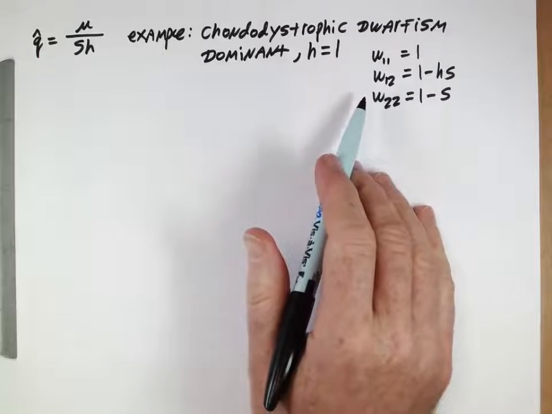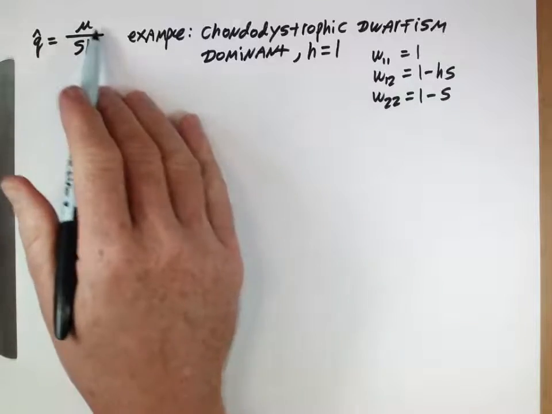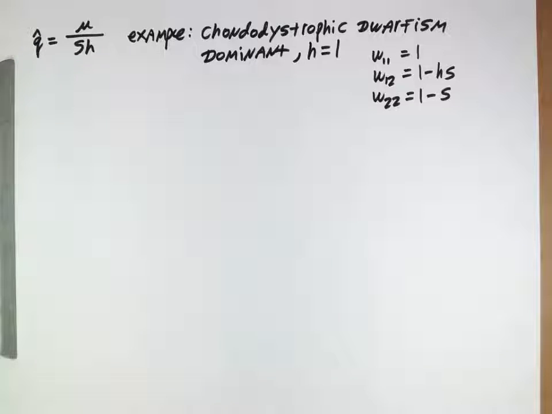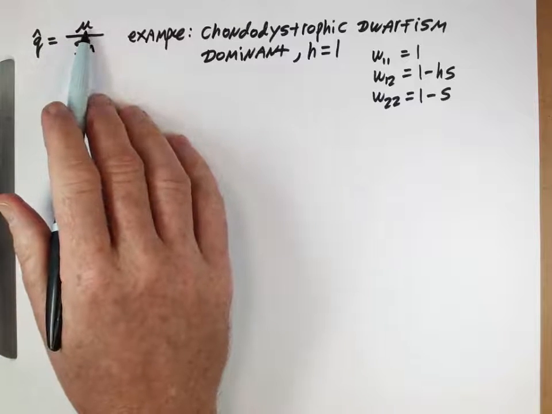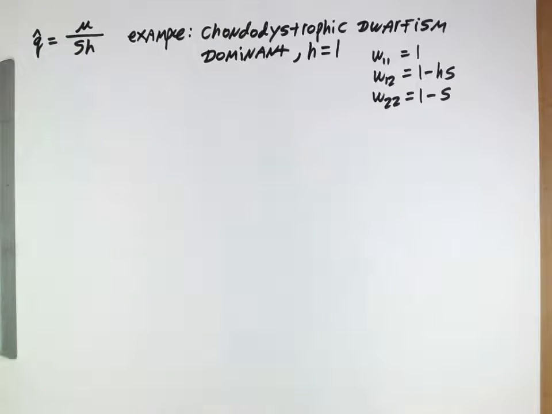So if we want to use this equation, we want to think about what sort of question we might have. The question that this genetic disorder will allow us to address is, what is the mutation rate from functional alleles for bone growth into ones that cause dystrophic dwarfism?